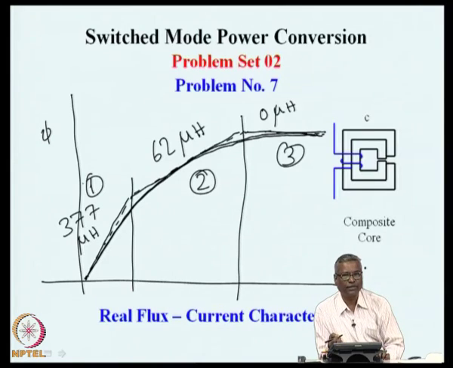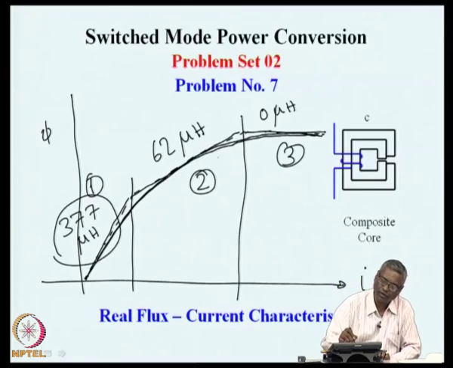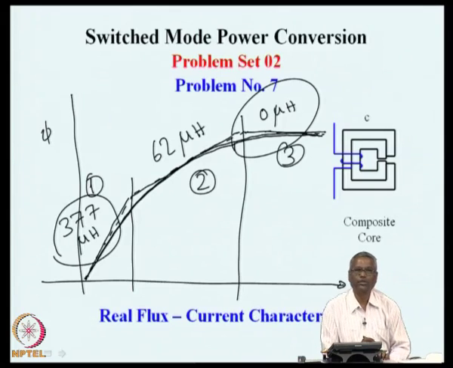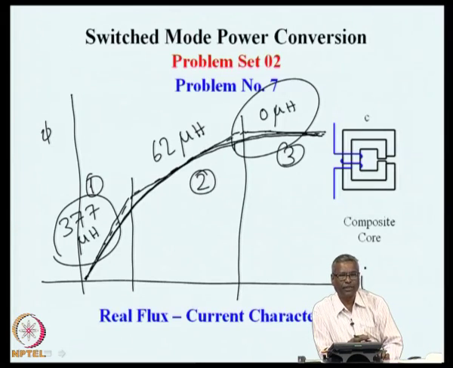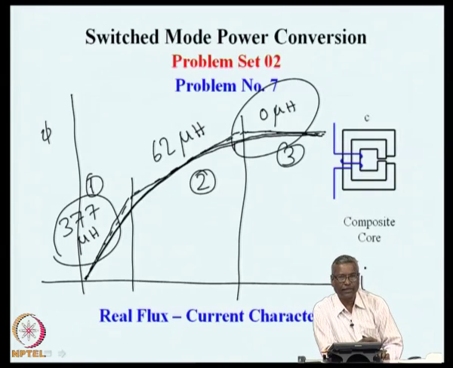So, the value of the inductance can be lower. The actual inductance to be used in the circuit may be lower. In many practical applications, we may like to have a large inductance at low currents and a low inductance at large currents. So, that right from the no load or light load conditions to the high load or the rated load conditions, the current ripple, the smoothening effect of the inductor is nearly the same.